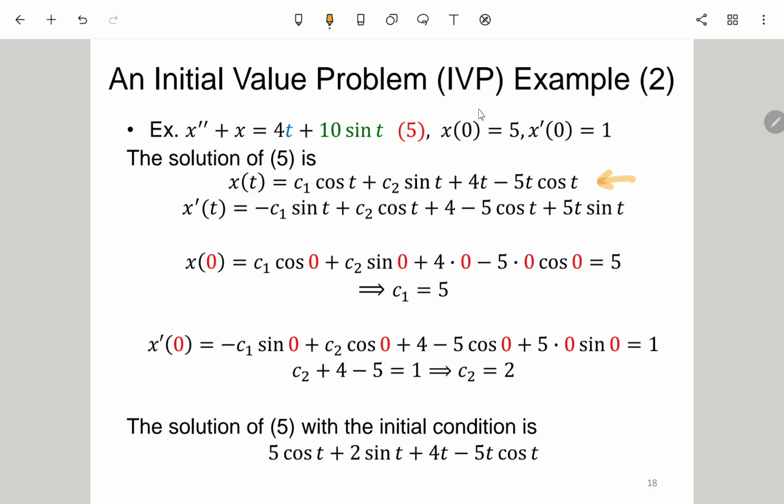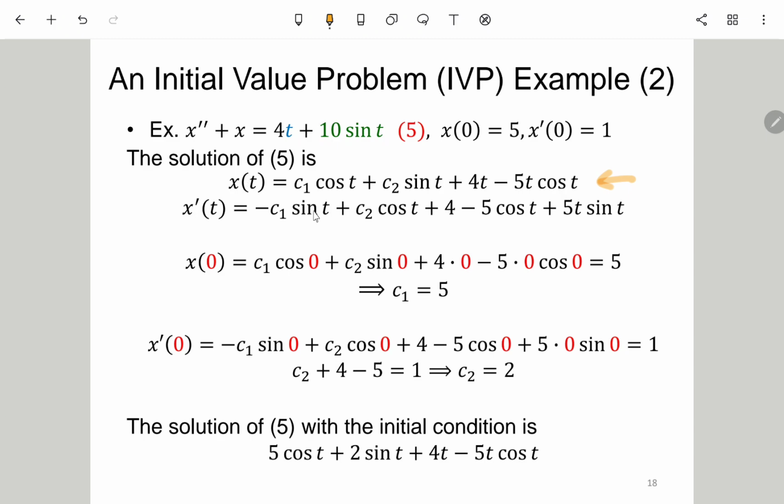Because we want x of 0 to be 5, we change t to be 0. For this expression we will be able to get an equation related to this initial value. But we still need x prime of 0, which means we would like to take the first derivative of x.